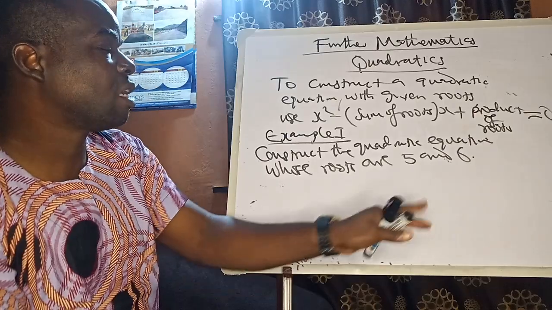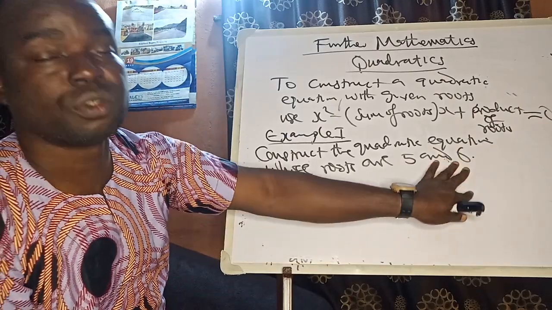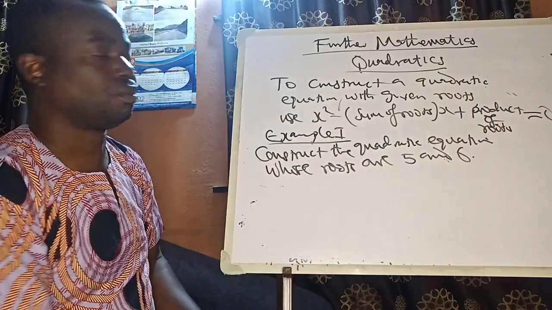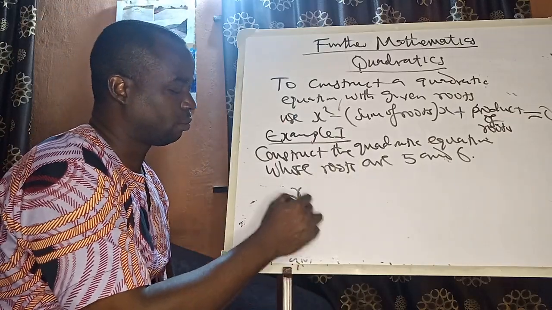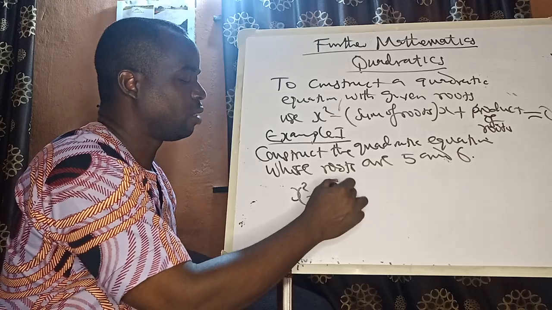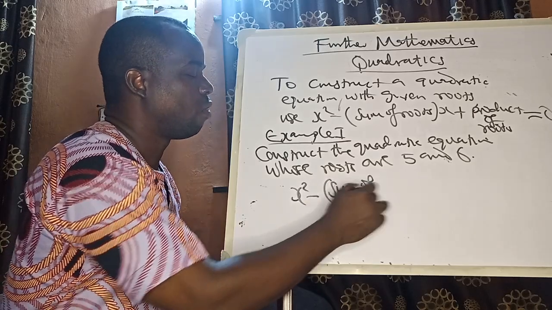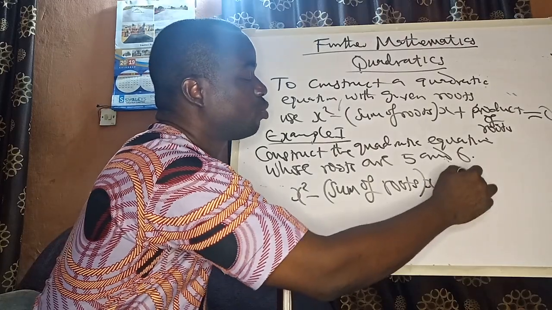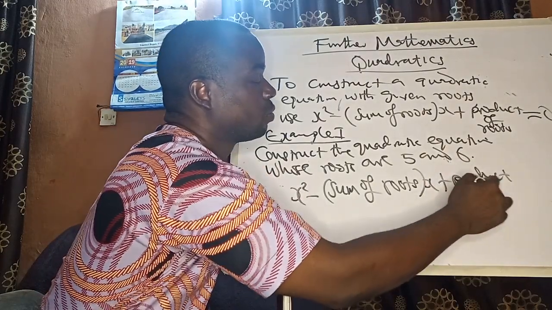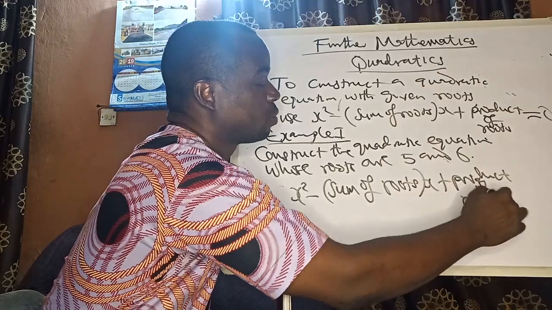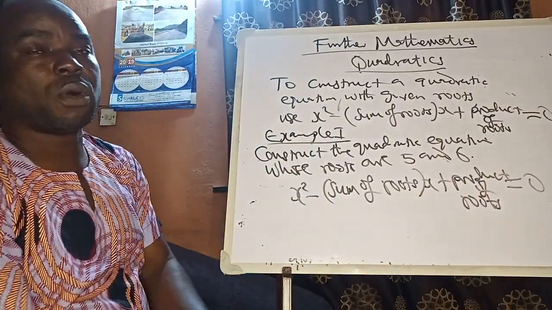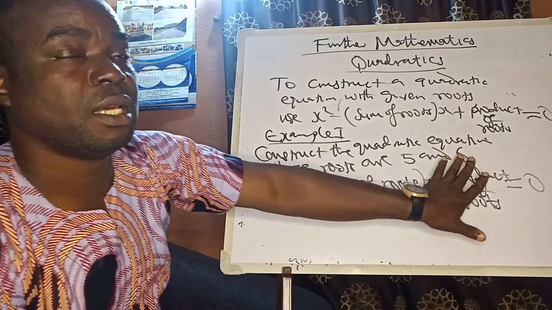Now, when you are given the roots of an equation and you are told to construct the equation, the formula is x squared minus sum of roots x plus product of roots is equal to 0. Take note. Now our roots are 5 and 6.